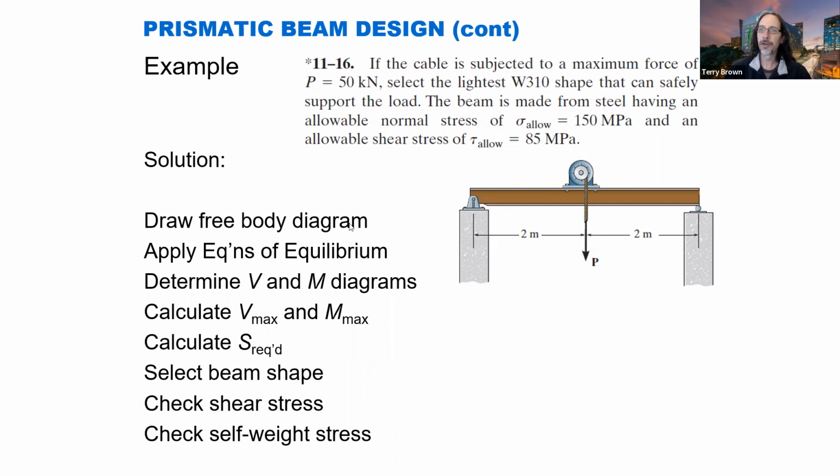Okay, so our solution: draw our free body diagram, apply our equations of equilibrium, calculate our reaction forces, determine the shear force and bending moment, calculate the maximum shear force and bending moment from our flexure equation for beam bending, determine the required section modulus, and then from a table of standard shapes, select our beam shape, check the shear stress, and then check the self-weight stress. And also, I haven't put it on this slide, but we'll check the deflection as well.